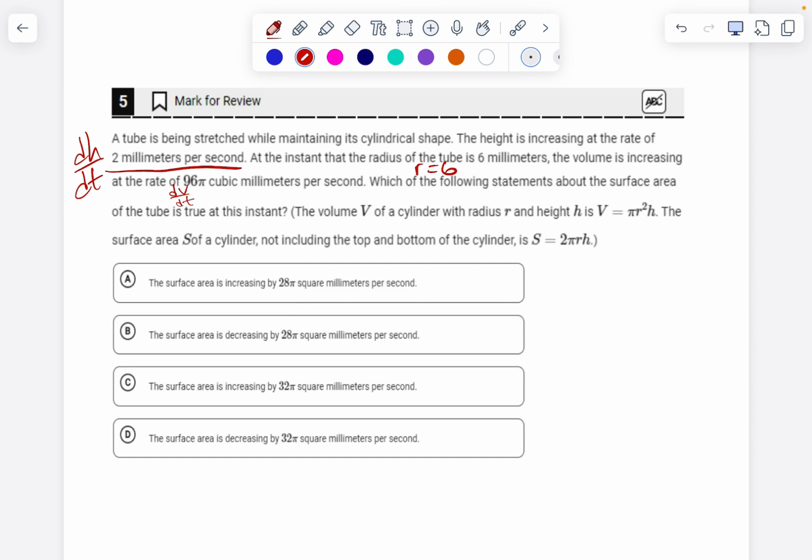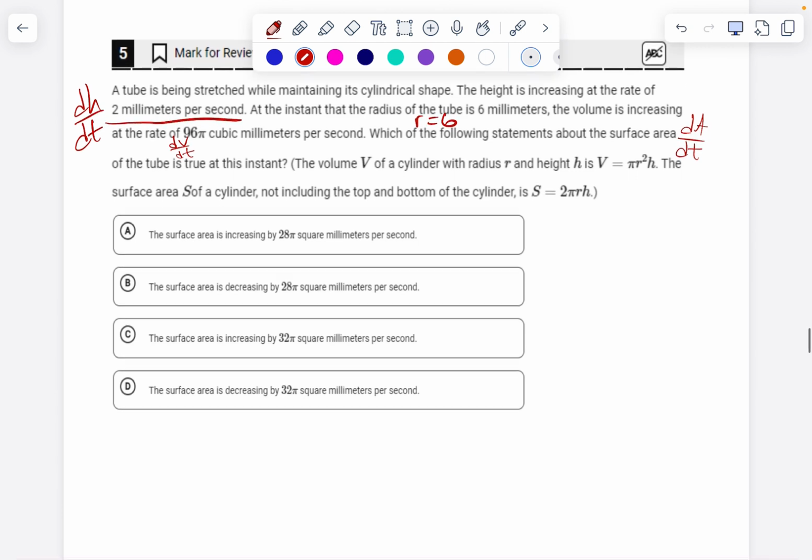What does that look like? dA/dt. Okay? So that's probably our goal, dA/dt. Looking down at the choices, it's not asking for an area, just a value of area. It's asking for a change in area, a rate. So it's dA/dt. Okay? And then it gives us some relationships that they don't necessarily expect you to remember.